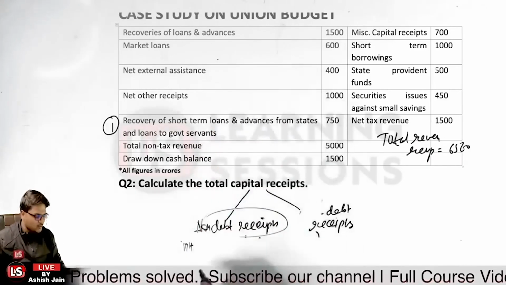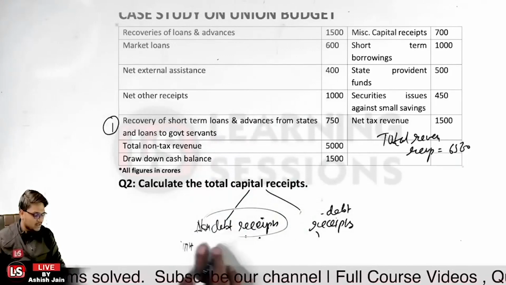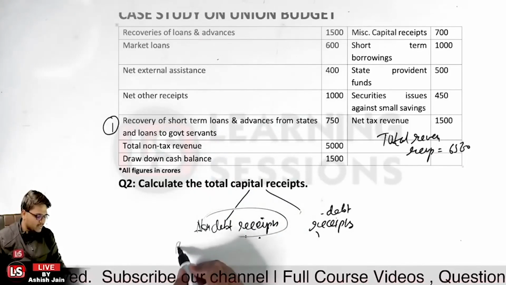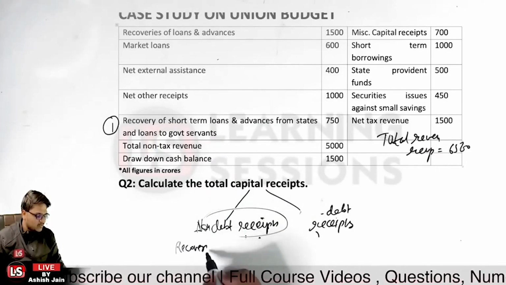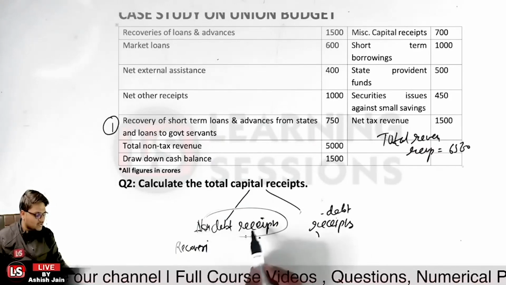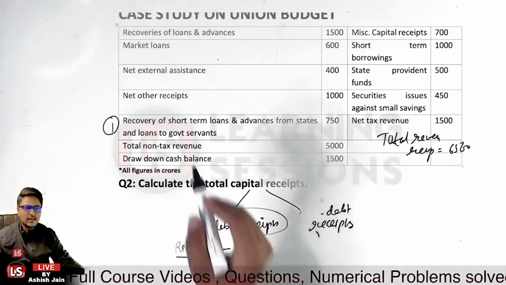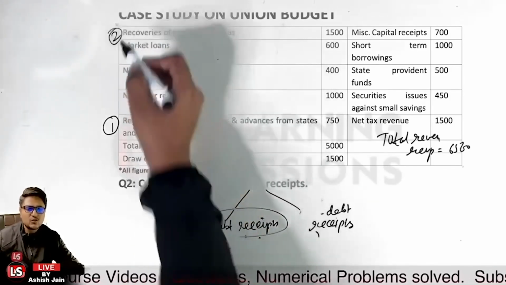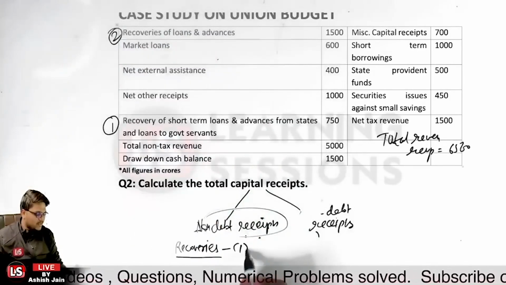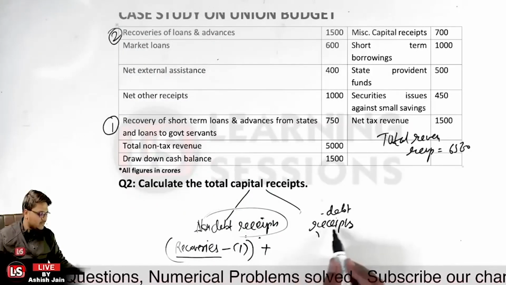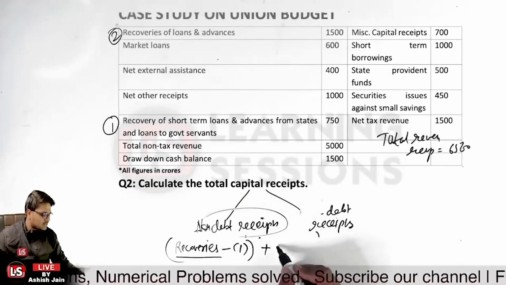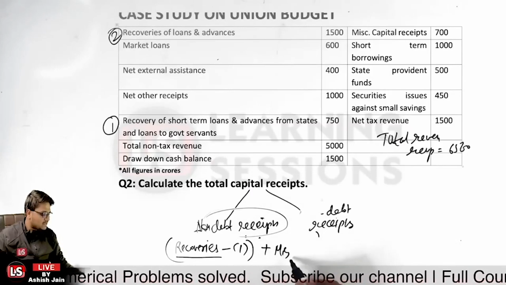So that is a recovery on loans and advances. I'm writing it again because I wrote it wrongly above. So it is recovery from loans and advances, this particular part that I will write as 2, minus the 1 over here, and further we'll add the miscellaneous capital receipts related to the non-debt receipts.